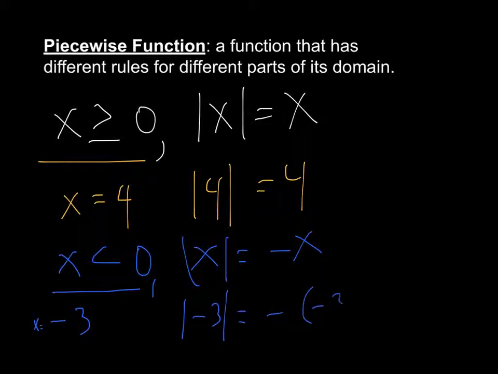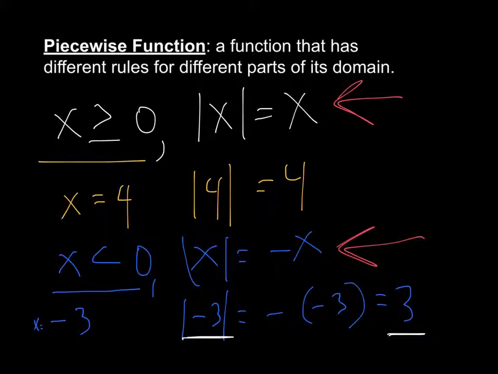It's equal to positive 3, because the absolute value of any negative number makes it just the positive, right? So these are 2 different rules for when the domain is different. Remember, domain here has to do with the x values, right? So it's different rules for different numbers, and that makes it a piecewise function.